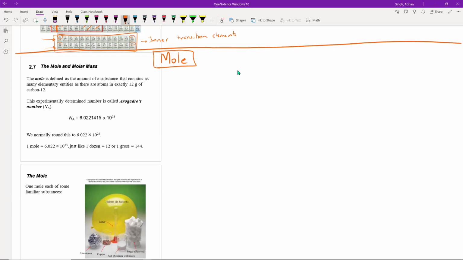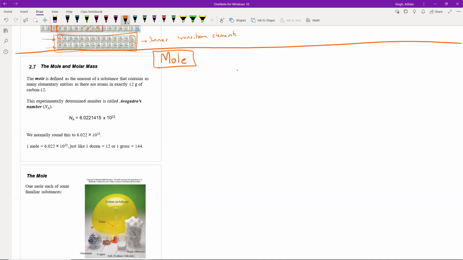So the pen that you're using to write, or the salt that you add to your food, or the sugar that you add to your drinks, all of those are made up of atoms. We can't see individual atoms, but we can see when there are huge numbers of those atoms and molecules, etc., making up things that we can touch.